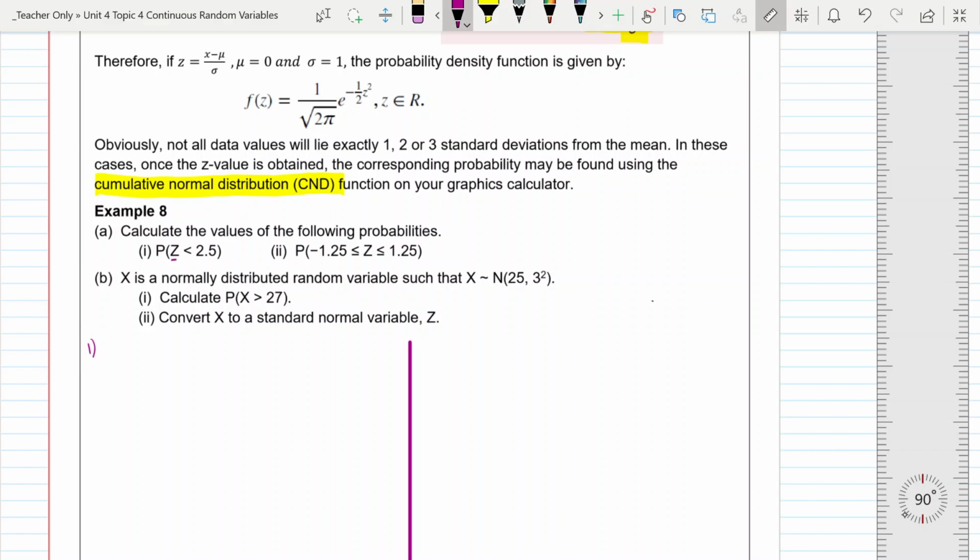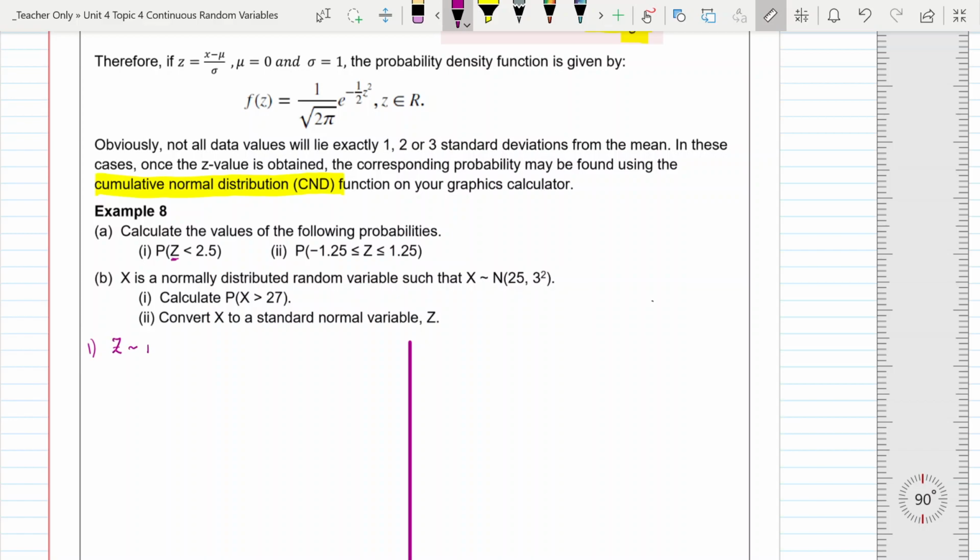The question says, calculate the values of the following probabilities. Probability of z being less than 2.5, or the probability of z being between negative 1.25 and positive 1.25. As soon as you see a z, it tells you it is a standard normal distribution, and we don't have to tell you what the mean and the standard deviation are because we know that they're 0 and 1.